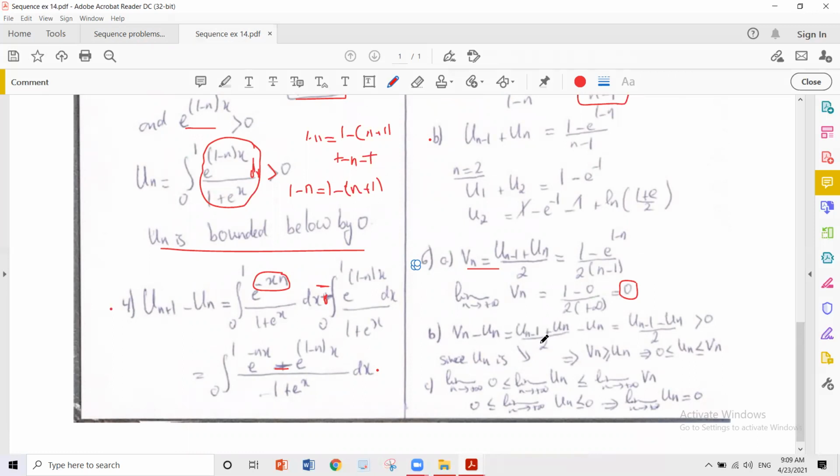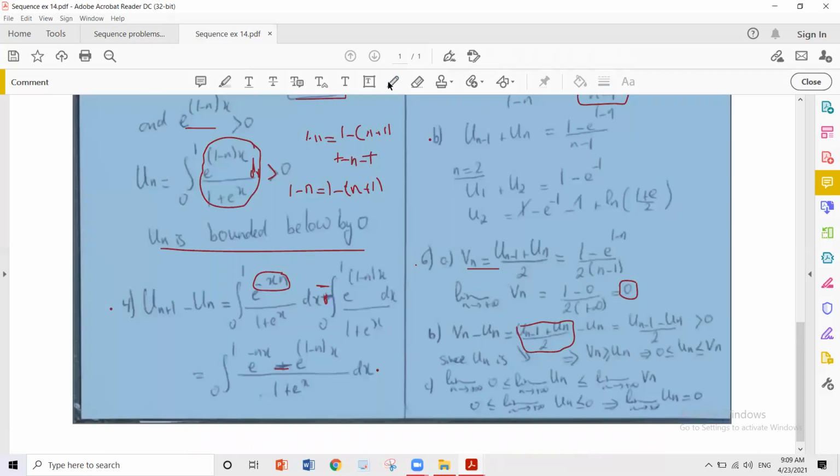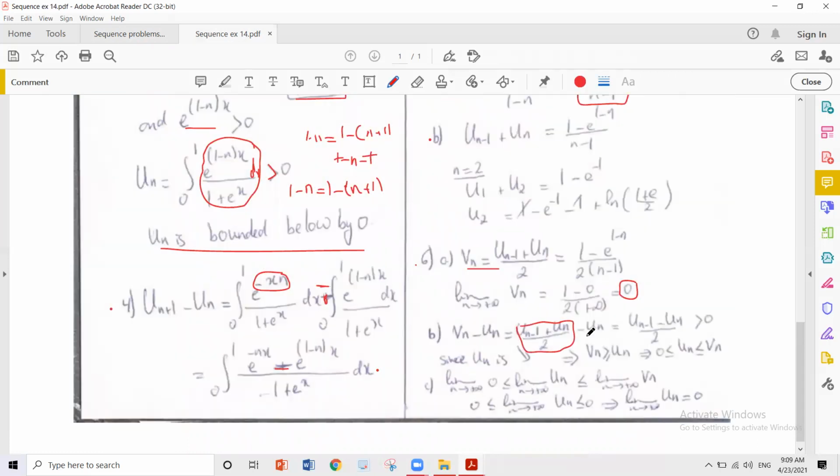Vn is un minus 1 plus un over 2, minus un. We take the LCM: un minus 1 minus un over 2.